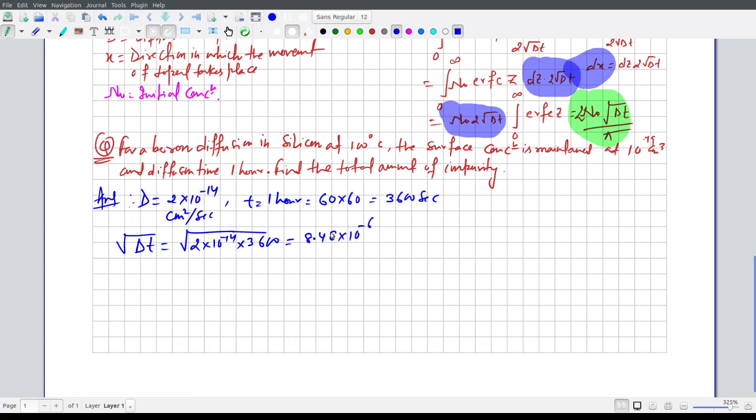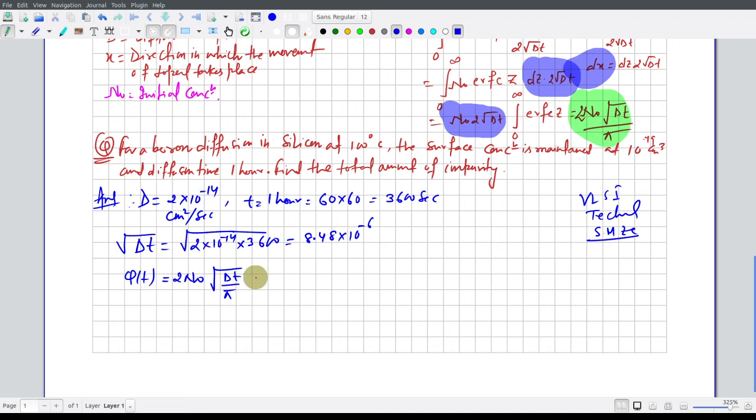I am making this one for your knowledge, to show where the error function is used. For diffusion you can go to the VLSI technology book by SMG, where we can get such diffusion-based complementary error function numericals. So we can easily find the root Dt value. The total amount of impurity Q is simply 2 n naught root (Dt by pi).